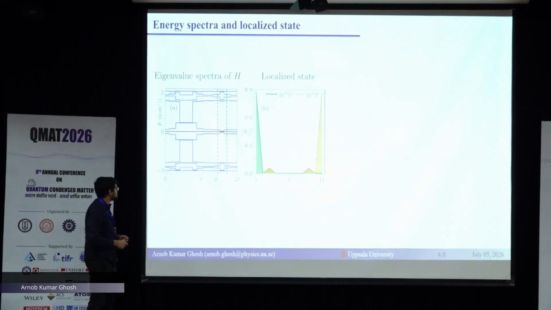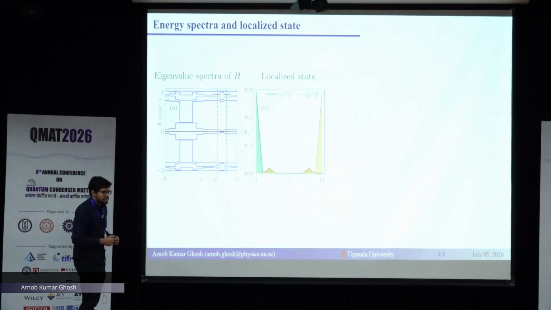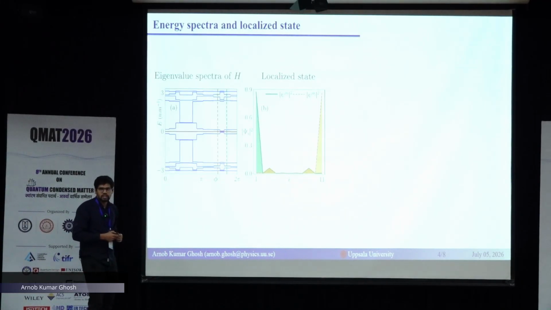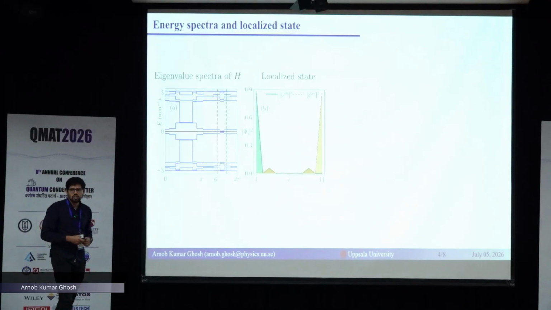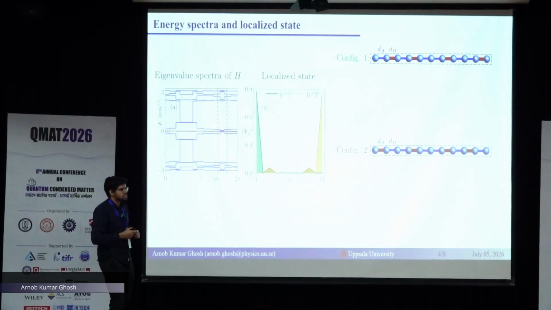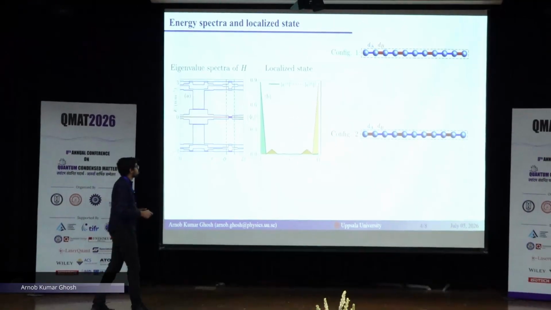This red marked state is a localized state depending upon the phason angle. For this green marked phason angle, it is localized on the left, while for the orange it is localized on the right. Now if we look at how the hopping configuration looks for these two phason angles, that is shown here.